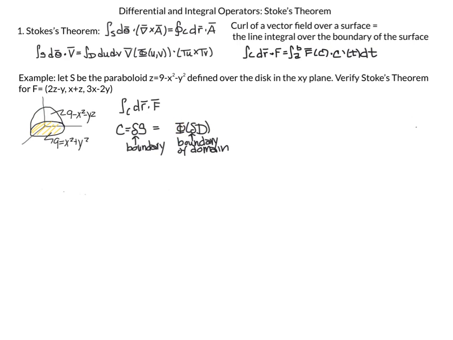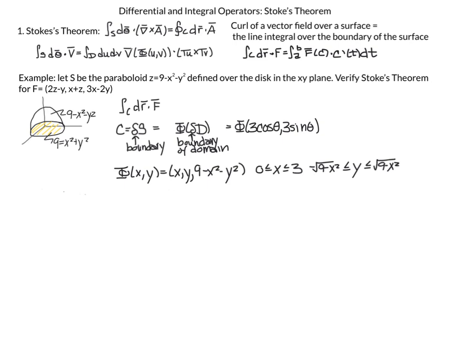What it does, it'll also map the boundary of your domain into the boundary of your surface. So phi maps the domain to the surface, and it maps the boundary of the domain to the boundary of the surface. In our example here, then, the boundary of the domain, and our domain is this disk, everything in yellow.